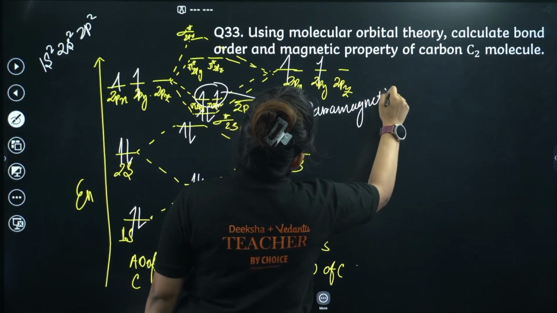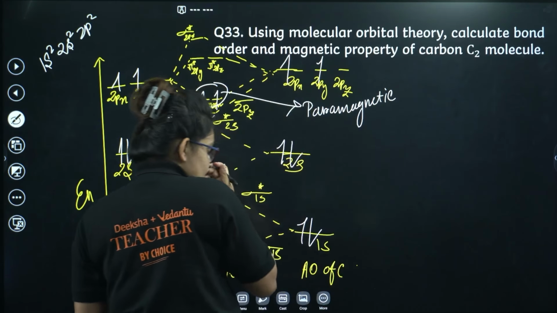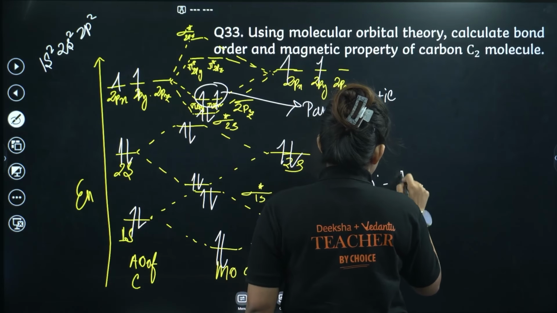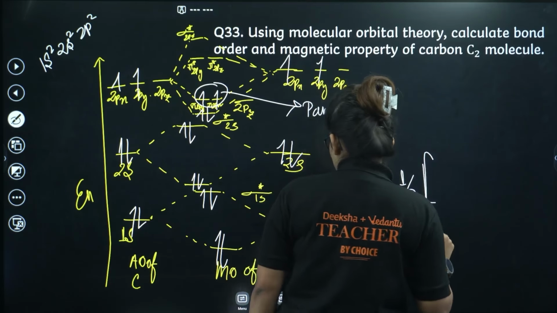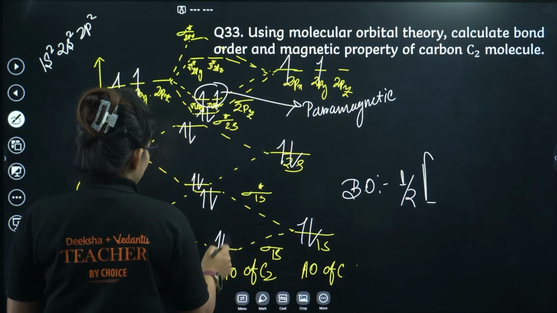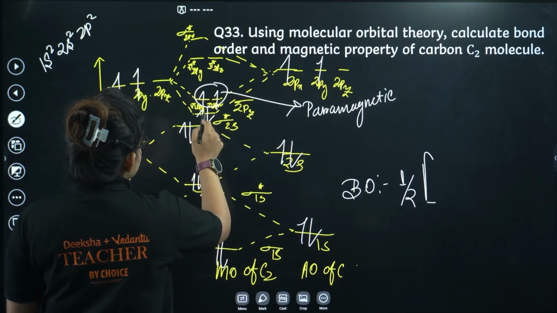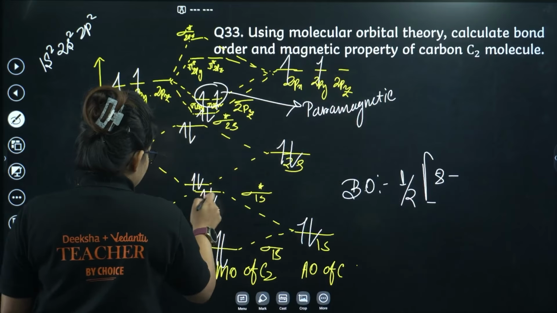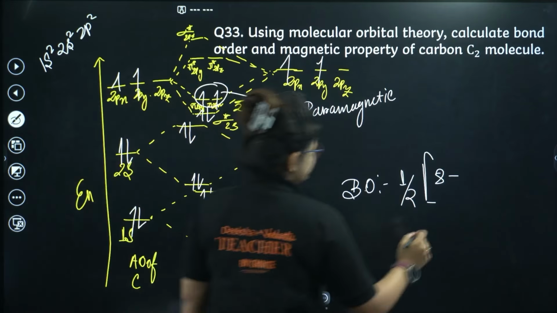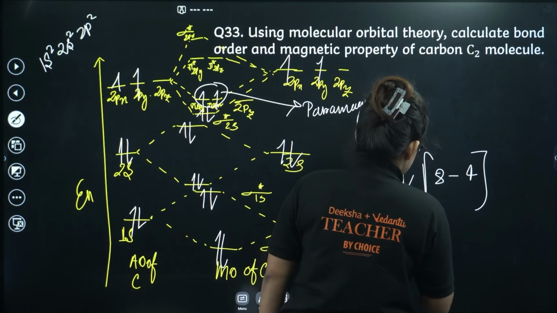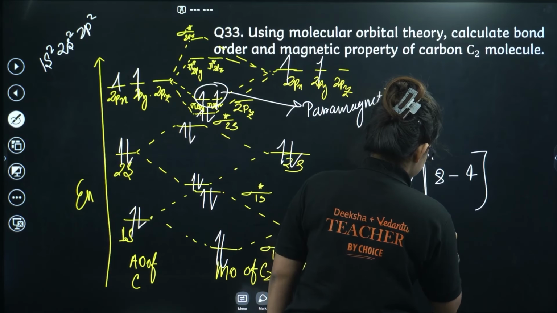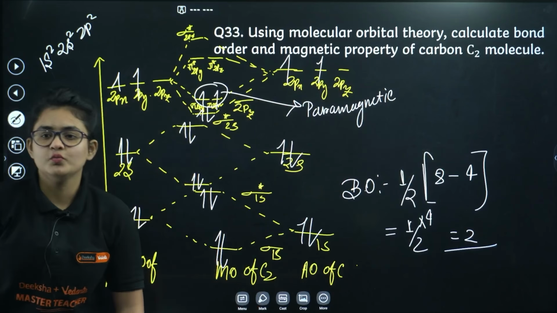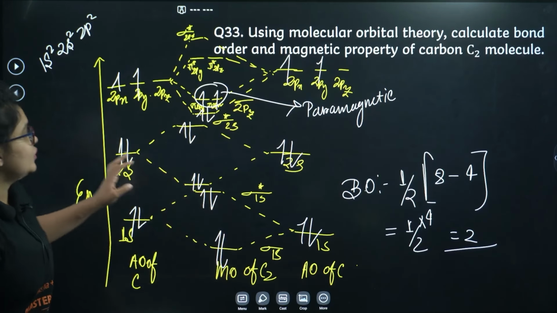And if you have to calculate the bond order, it is half into the number of bonding electrons minus antibonding electrons: bonding electrons 1, 2, 3, 4, 5, 6, 7, 8, minus 1, 2, 3, 4 antibonding. So 8 minus 4 is 4, times 1 by 2, the total is coming as 2. So bond order is 2. I guess it's clear to you.